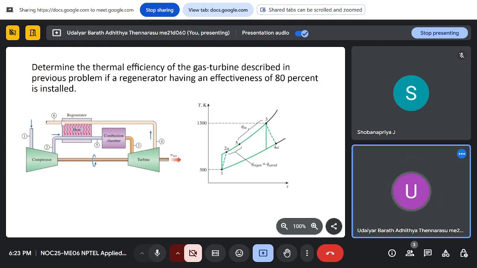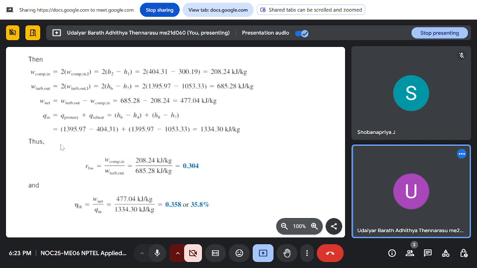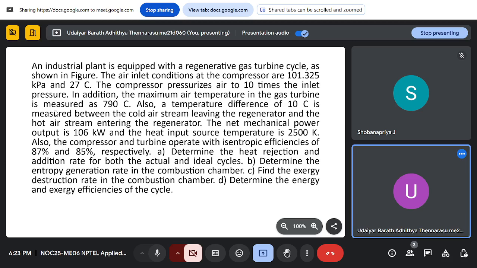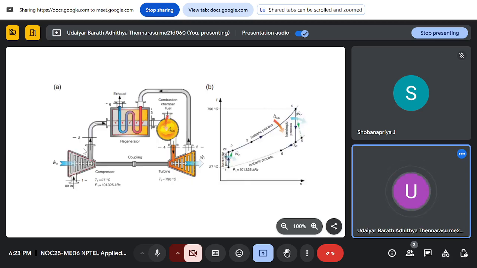If you see the exhaust cold out temperature and the inlet from the compressor, that temperature difference is given as 10 degrees Celsius. So your 2 to 6 is given as 10 degrees Celsius difference. And the output power is given and the source temperature is given. So we'll see how to solve this.